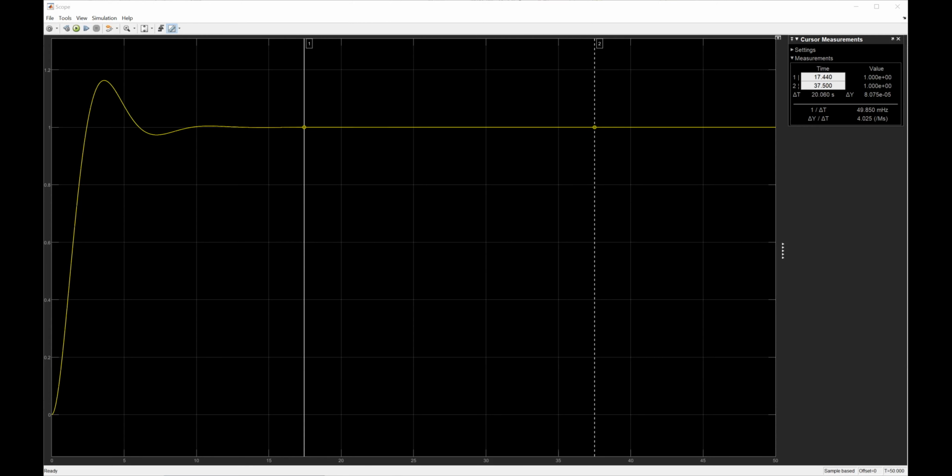Now, once again, real quick, let's look at the time constant. I'm going to quickly say that my time constant is approximately about 1.6.